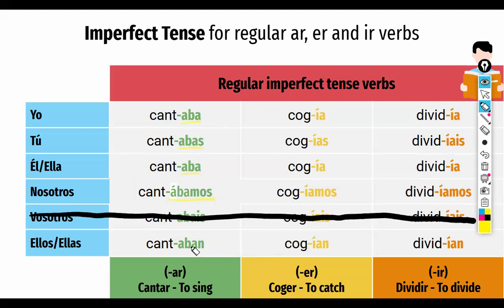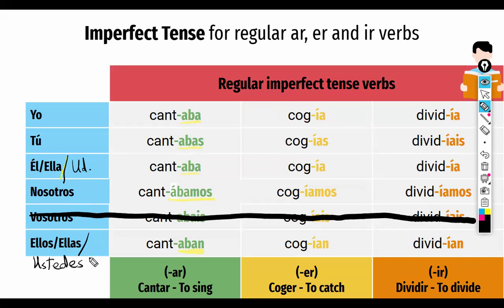Right? And then for ellos, ellas, or ustedes, we add ABAN, right? So I'll just add in usted here. And I'll add in ustedes down here, right?